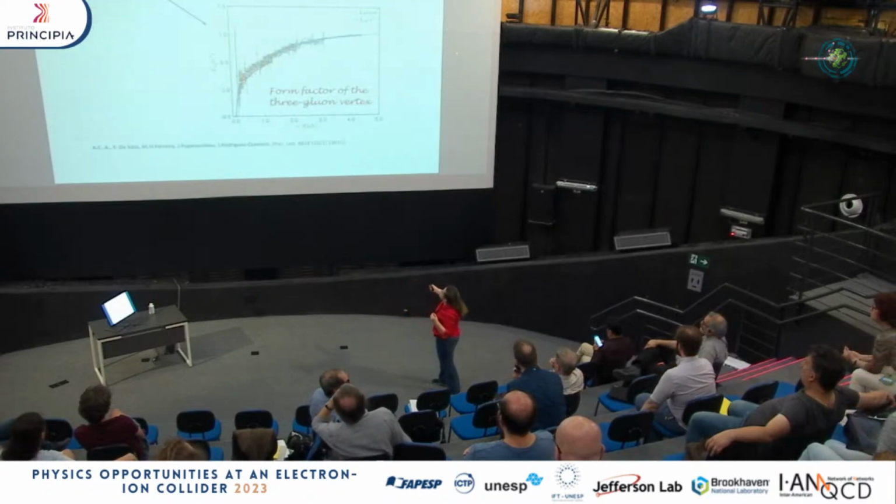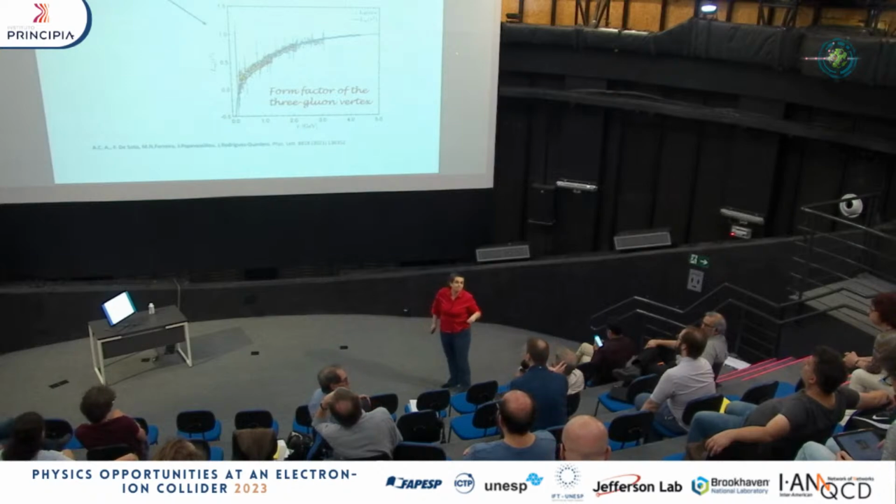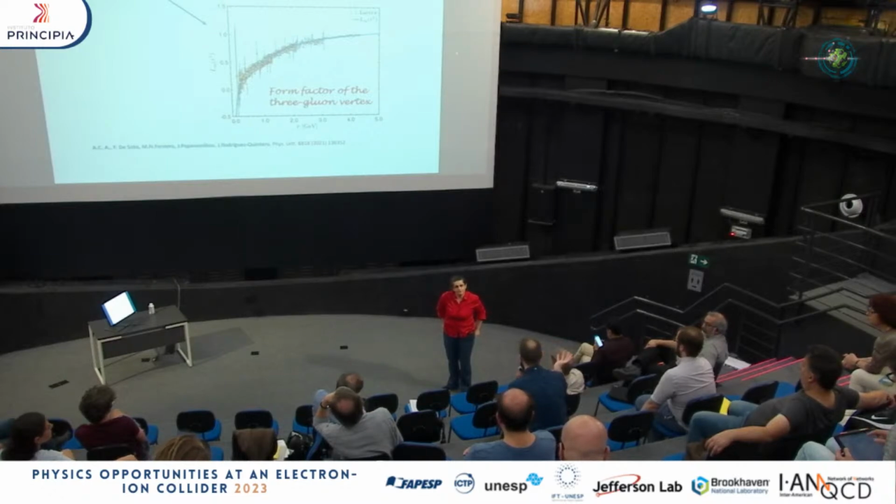So if everything goes right on the calculation side, then you can interpret the result as a signature of the appearance of this massive part. But if something goes wrong on the calculation side, you cannot conclude that this is indeed the presence of a massless pole. And what do you mean by wrong?